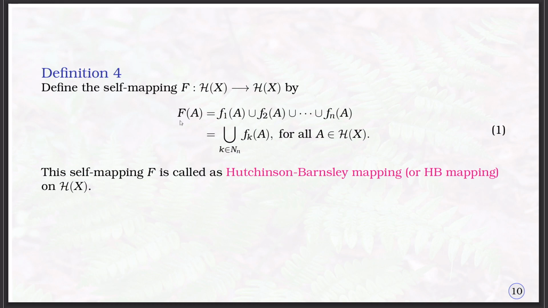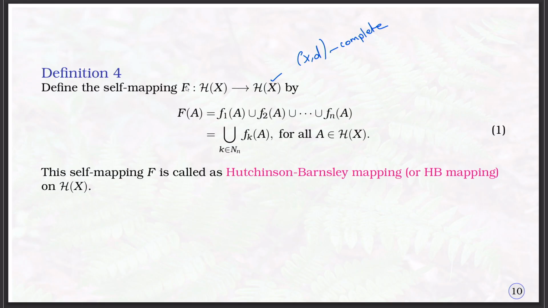Define the self map F from the hyperspace of X to the hyperspace of X, where X is a metric space. We can assume that X is a complete metric space, and H of X is the collection of all non-empty compact subsets of X. It is called the hyperspace of X.